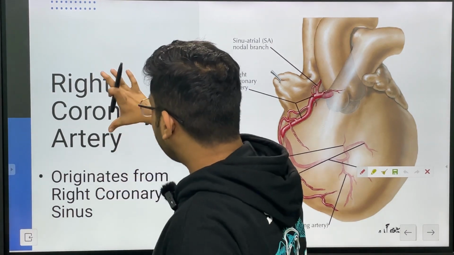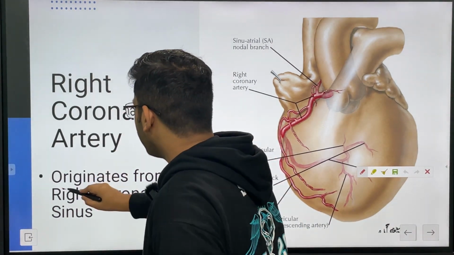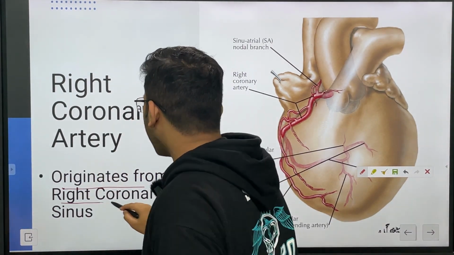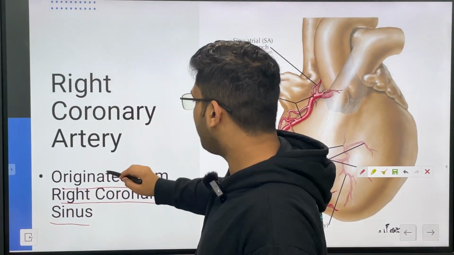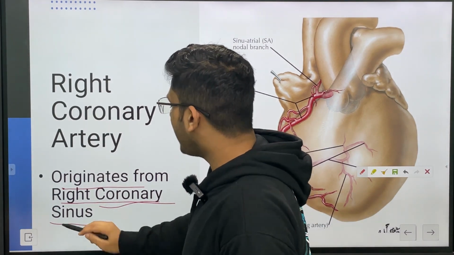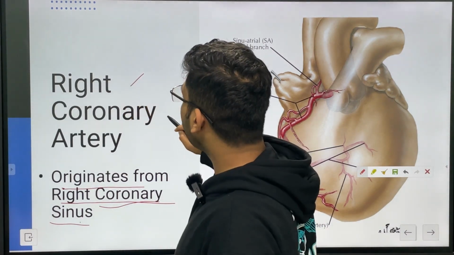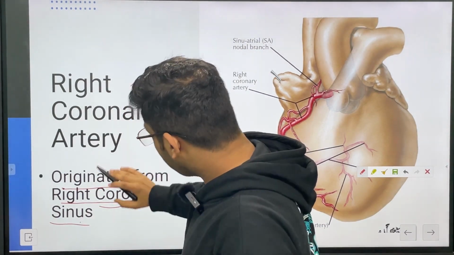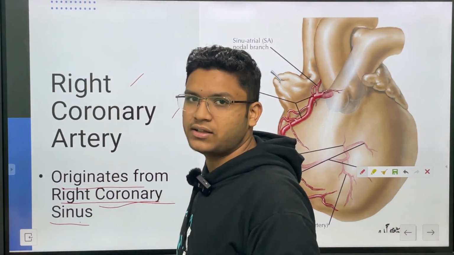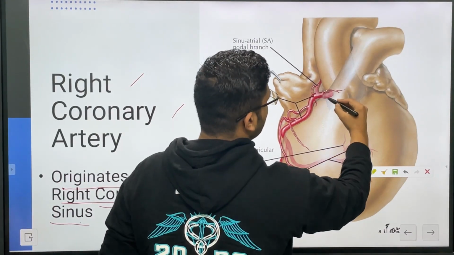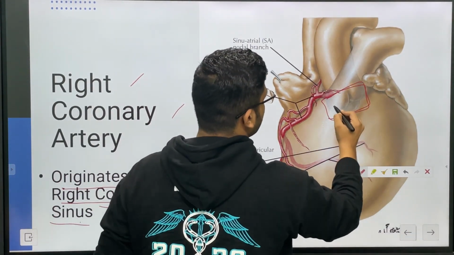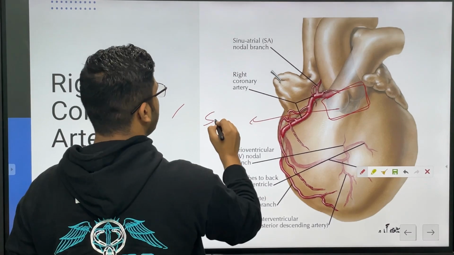अब right coronary artery के अंदर सबसे पहली चीज originates from right coronary sinus. We have already discussed this topic. We discussed coronary sinus, and there we saw that right coronary artery आपका right coronary sinus से आ रही थी. So is this clear? You can also see here, what are these? These are your sinuses.